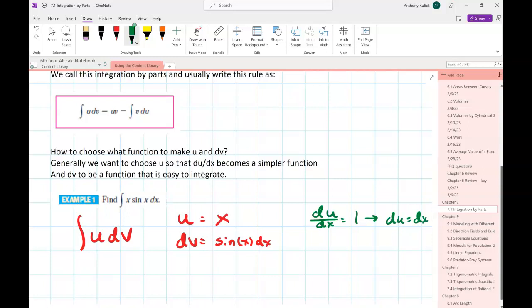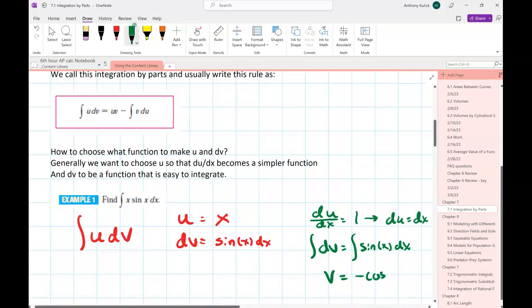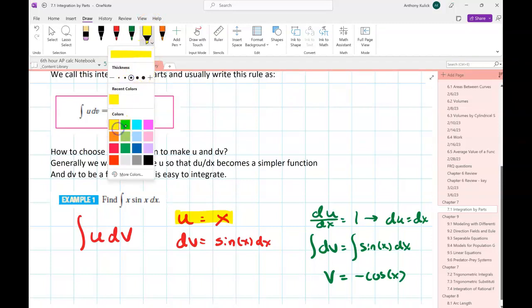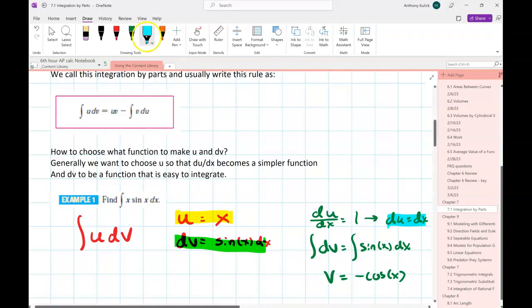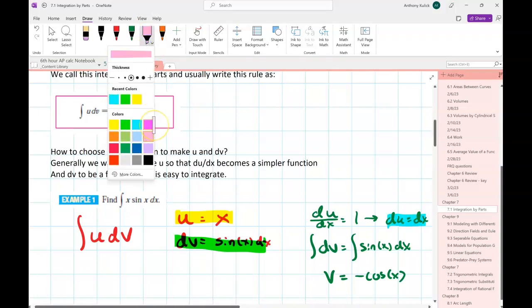Everybody's okay with that? And the integral of dv is just the integral of sine x dx. So that tells me v is, what's the integral of sine x dx? Negative cosine x. Okay? So now I have everything I need. I have u, I have dv, I have du, and I have v.